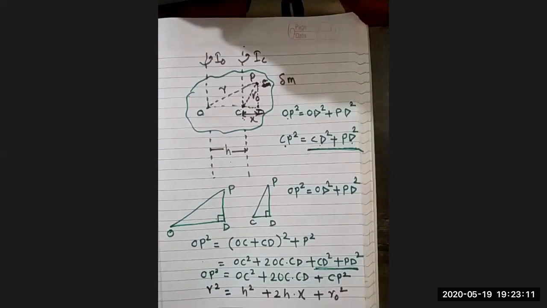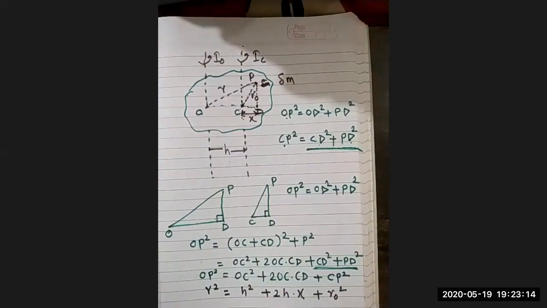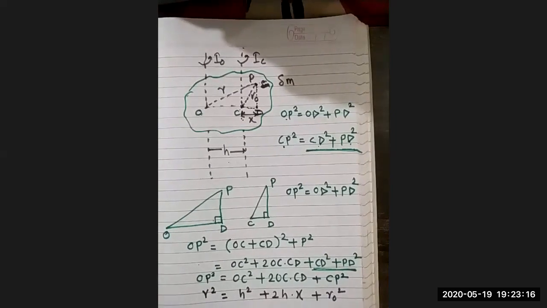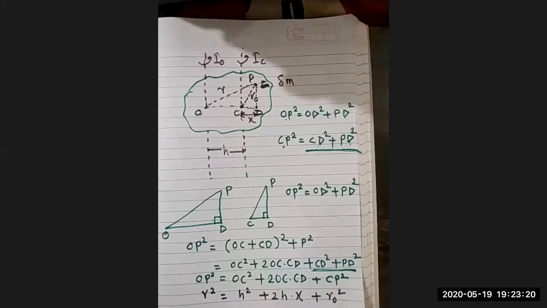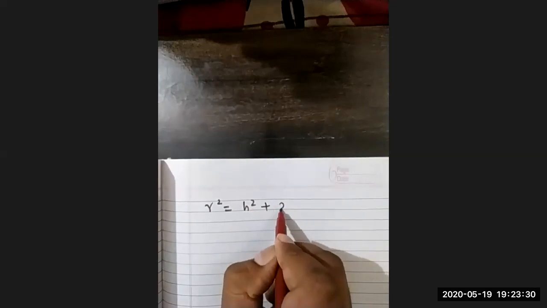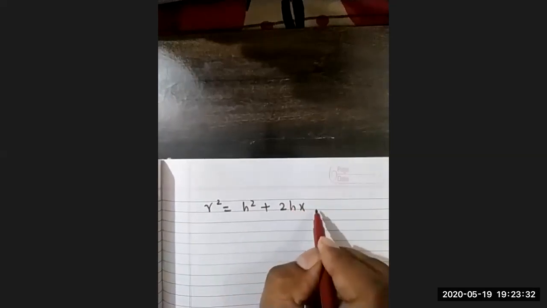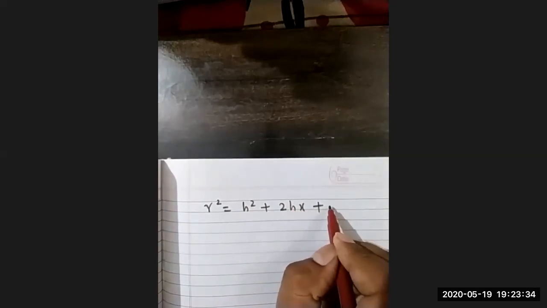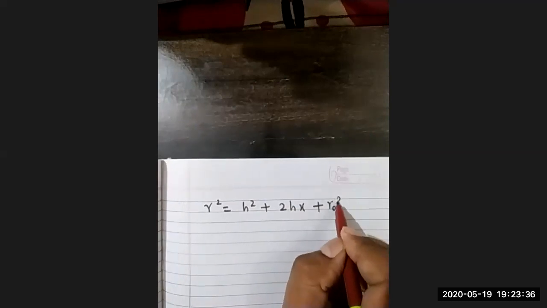So we got another statement: R square is equal to H square plus twice H into X plus R0 square. I'm going to write that term again.